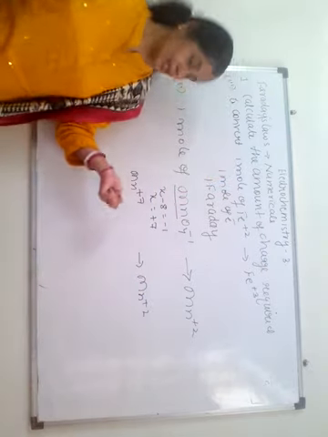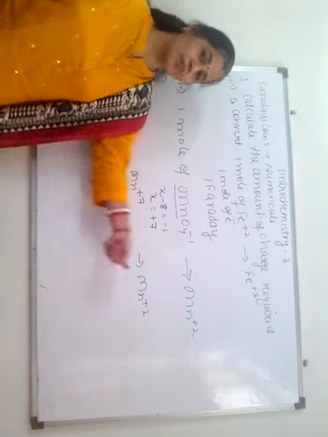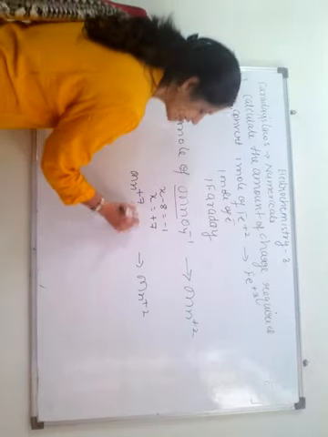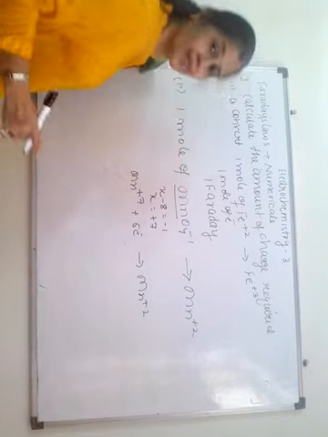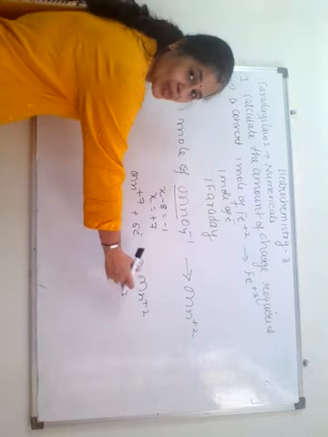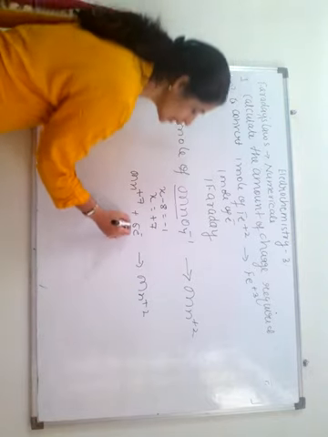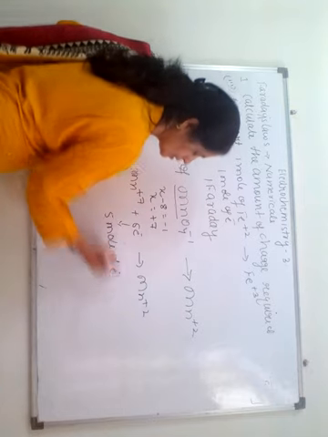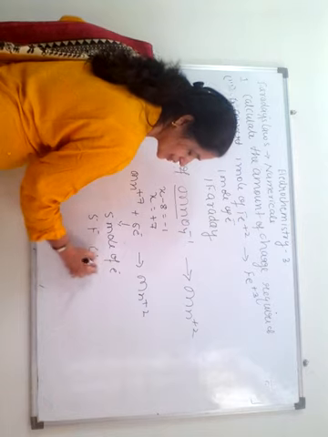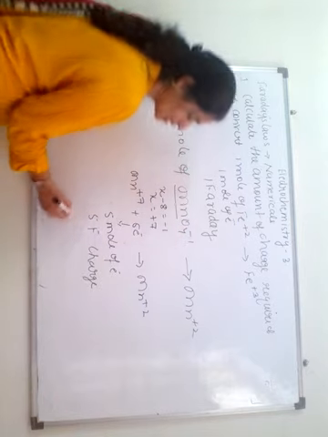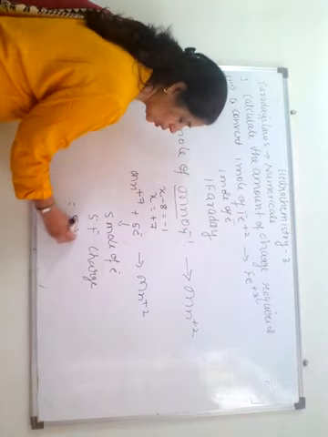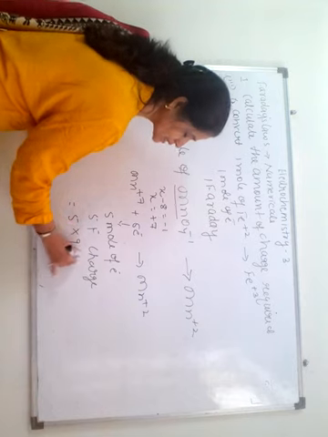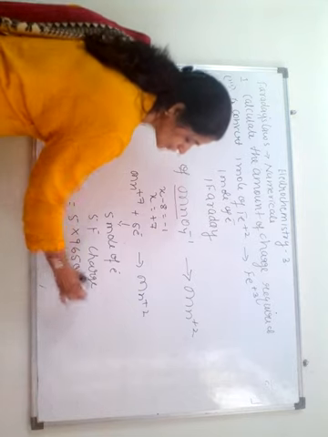For this, children, we require plus 7 to plus 2. If we add 5 moles of electrons, Mn plus 7 is converted to Mn plus 2. So here you need 5 moles of electrons or 5 Faraday charge. In coulombs, of course, 5 into 96500 coulombs.